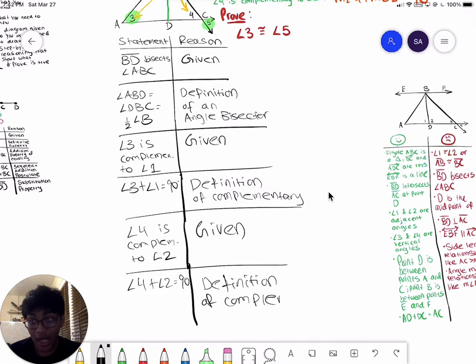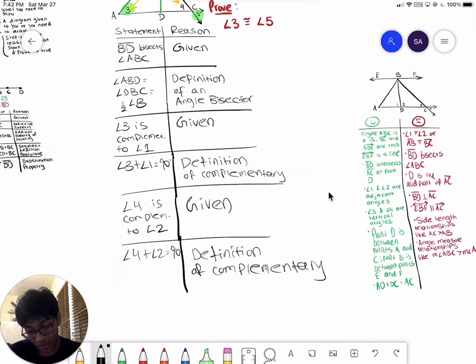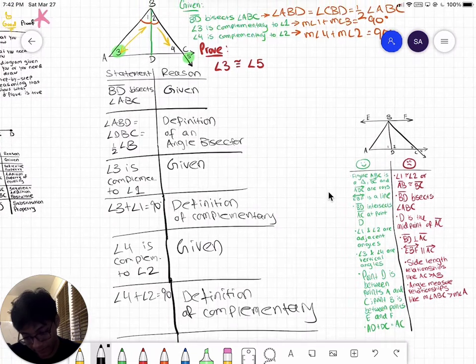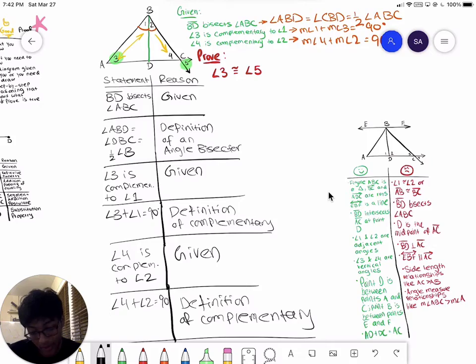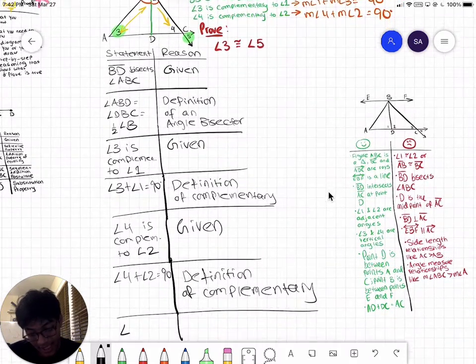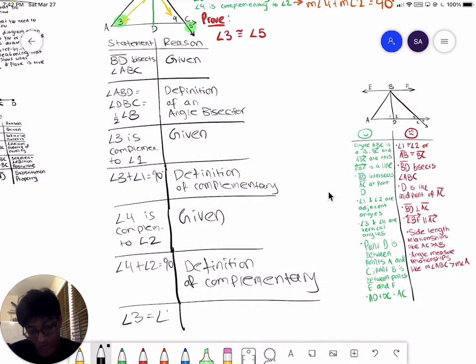Now, here's where our previous lesson comes in handy. Remember that angles that are complementary to congruent angles are congruent. So what that is going to tell us is that, we already know angle 1 is equal to angle 2, but this is going to tell us angle 3 is equal to angle 4. Why?